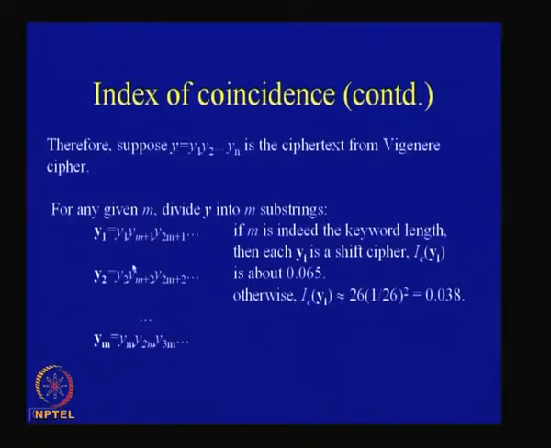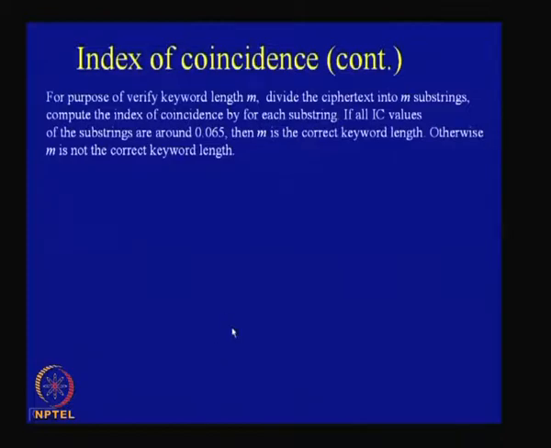So first of all, in order to confirm the key size, you start arranging them like this, and then you start finding the ICs of the corresponding rows. If your ICs work out to be 0.065 for all these rows, then the value of m is confirmed. Otherwise, if the value of IC works out to around 0.038, then m is a wrong value, and you can start with the next value.